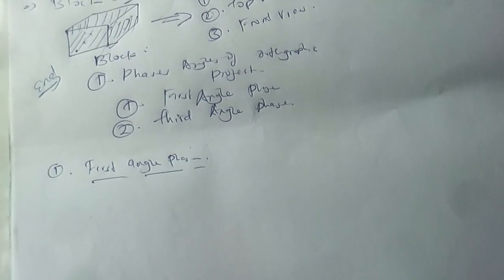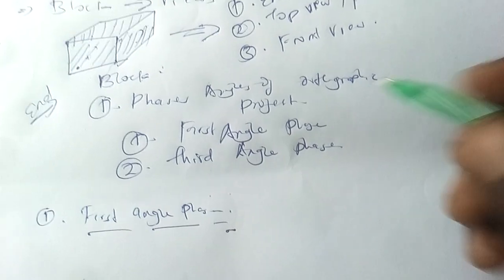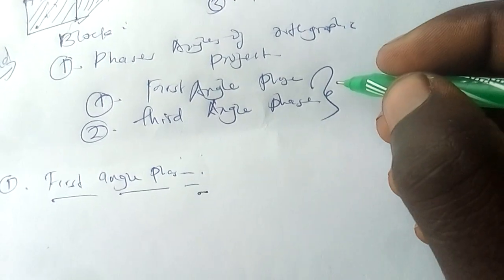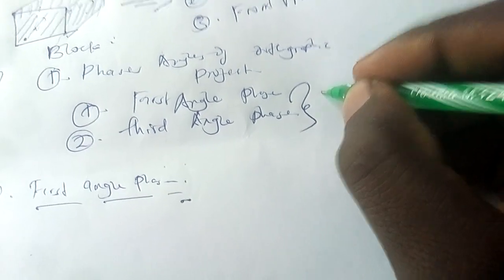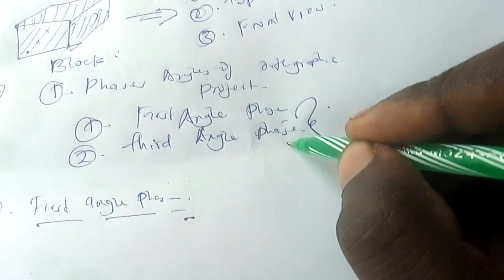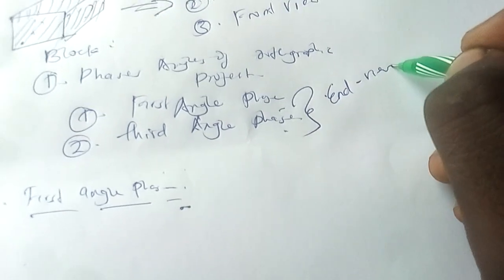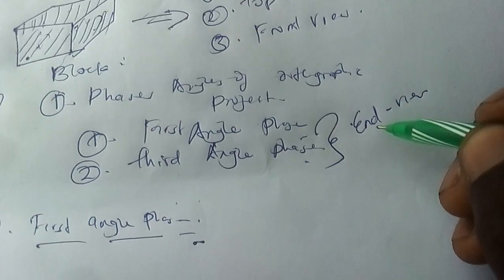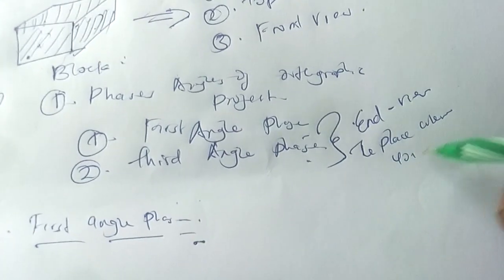Before that, there are factors one should know or identify while representing a work in first angle or third angle, which is the end view, the place where you view your end.